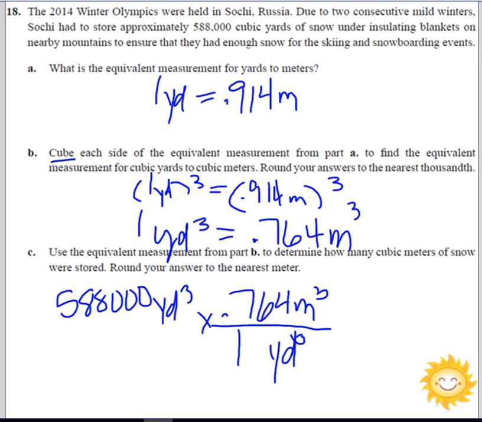So again, that way our yards will cancel, and we're left with cubic meters, and that gives us 449,232 when we round to the nearest meter, and again, that's cubic meters.